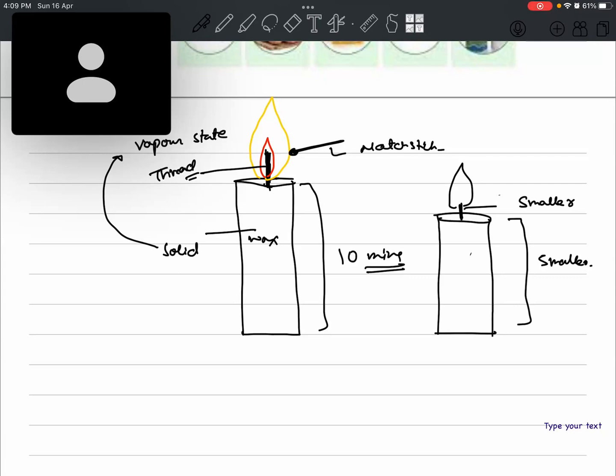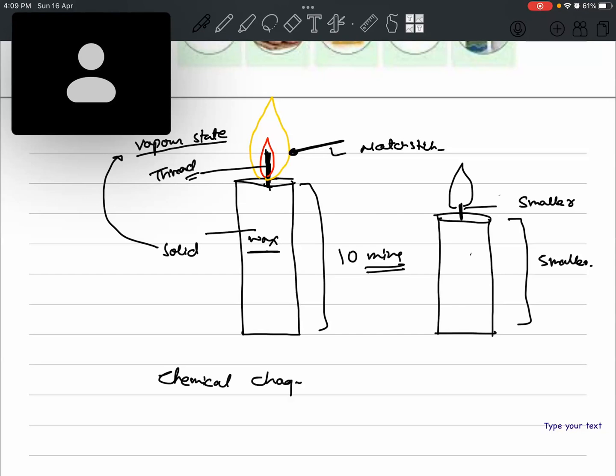So this solid state of the candle, that is the wax, started converting into the gaseous state, that is vapor state. Once the state has changed and it gets evaporated into the atmosphere, we cannot get it back. So that is the chemical change.